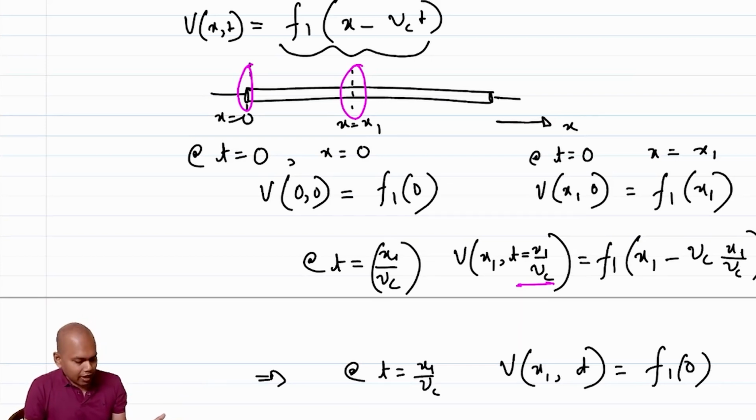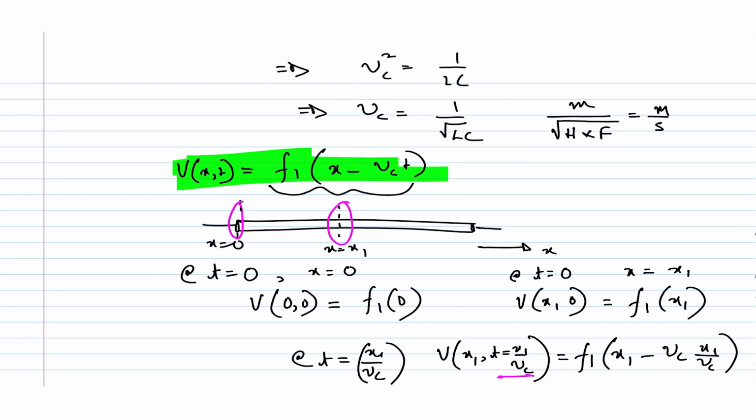Right? So it's as if to say that whatever the value of voltage we had at x equal to 0 at t equal to 0 is now present at x equal to x1 and t equal to x1 by vc, right?